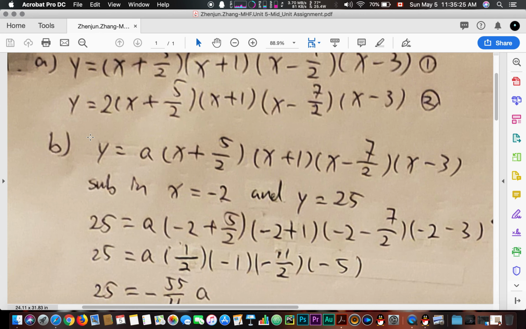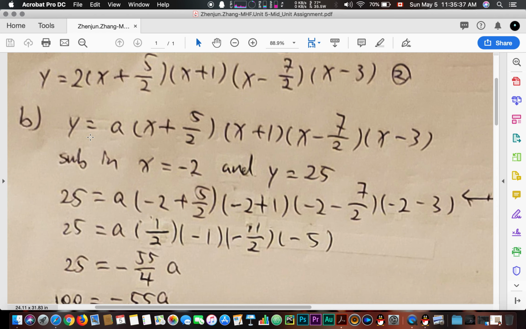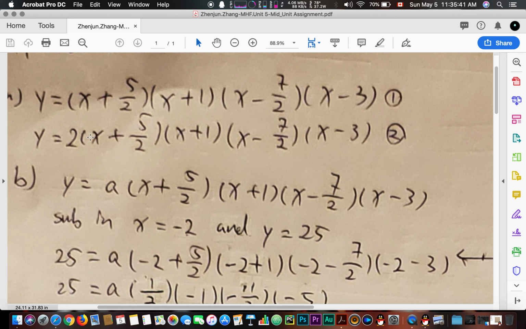And then for the B part, we need to determine an equation for the member of the family whose graph passes through the point negative 2, 25. So what we do here, we use a, which is, we have our primary function here. We use y, or f of x, equals a times this whole thing here.